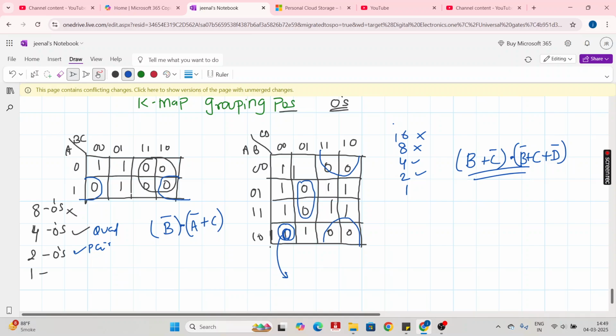For a single 0 you write all the variables. So here I have A bar plus B, because A is 1, B is 0, and CD is 0 0, which means it will be C plus D. So this is how you write the sum, and for multiple sums, you do a product of them. I hope it is clear from this. I will stop the video here. Thanks for watching.